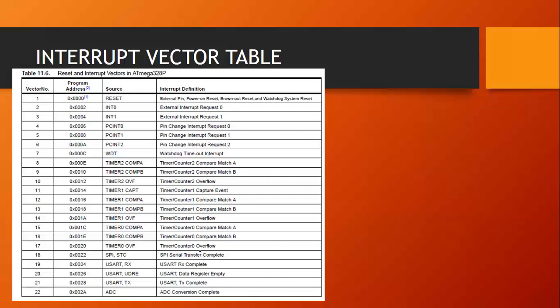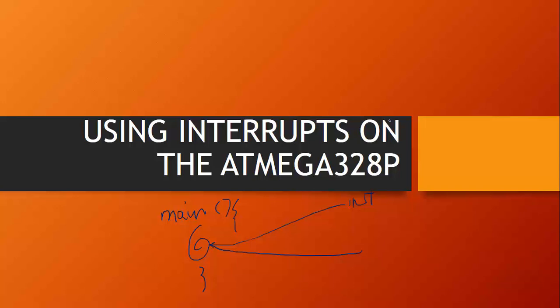So in the ATMEGA, we have quite a few interrupts, as you can see. This is the interrupt vector table. The reason why this is important is because without proper vector addresses, we cannot execute interrupts. Why? Because remember, as you saw in this crude drawing of mine, when the controller receives an interrupt and has to branch to that interrupt, you need the vector address.